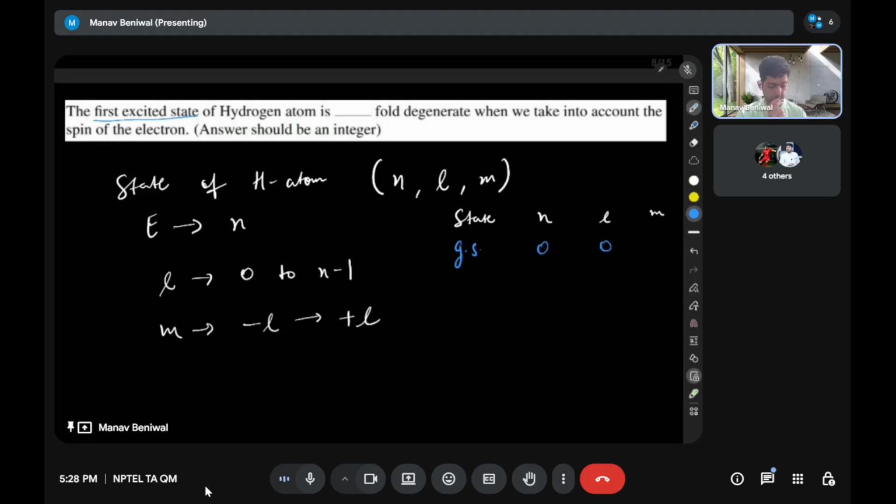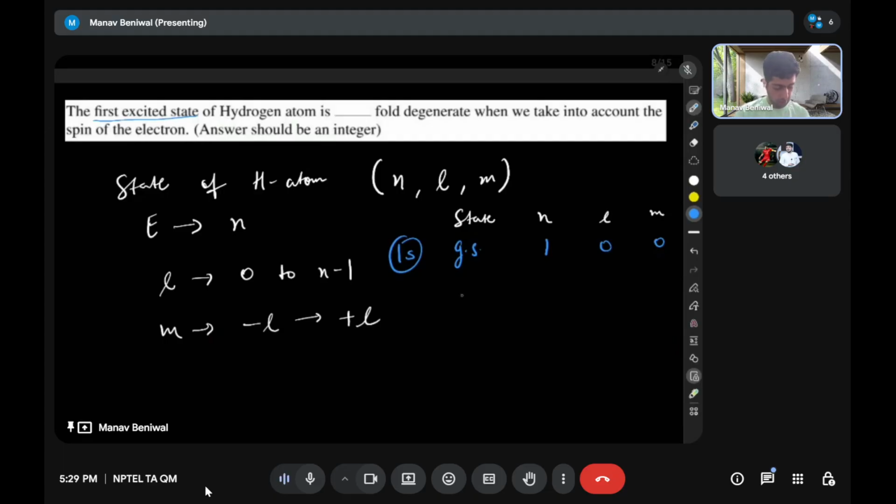Sorry, n is 1, yeah. l is 0 and m is 0. So this is the ground state, and this corresponds to our 1s orbital.